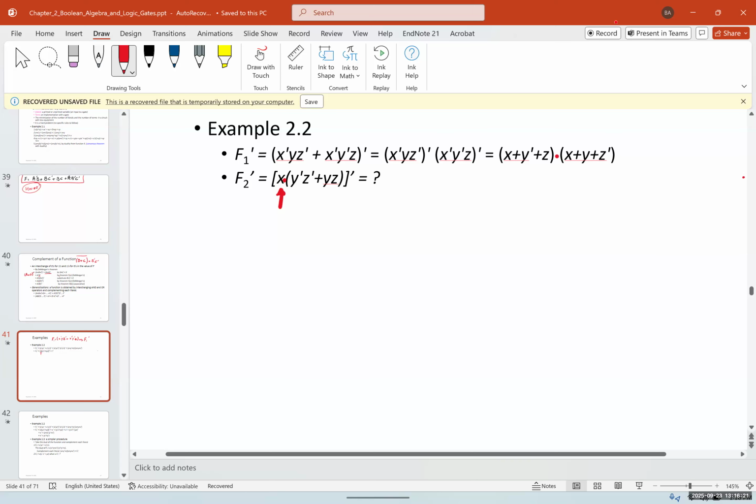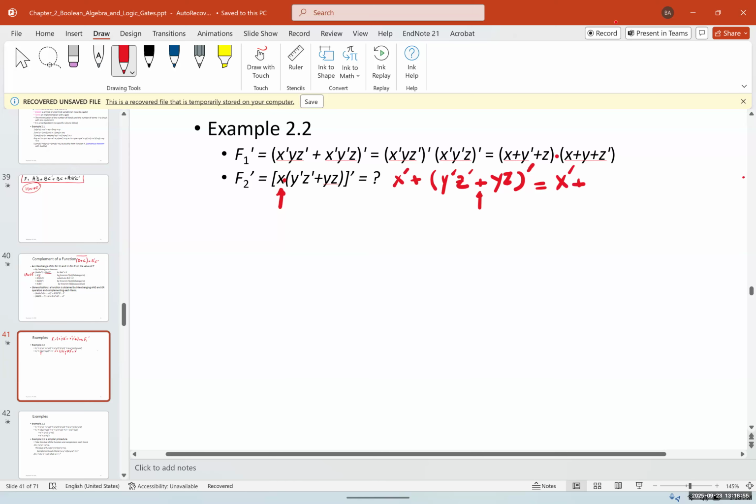So the first thing, we have an and over here, and we have to convert all the ands to or. So we're going to have x prime plus, and we keep the next one, y prime z prime plus y z, and all of that we have to find its complement, prime. Again, we have another or over here that we have to convert to and.